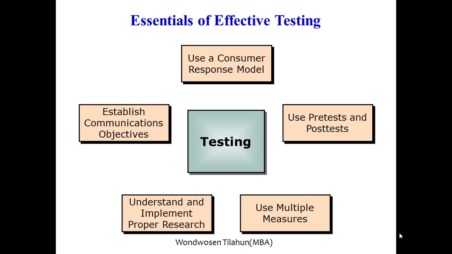And finally, we need to understand and implement proper research. This is the most critical element of undertaking an effective evaluation. So we need to understand the research methodologies, which methodology is feasible to our research and our objective.